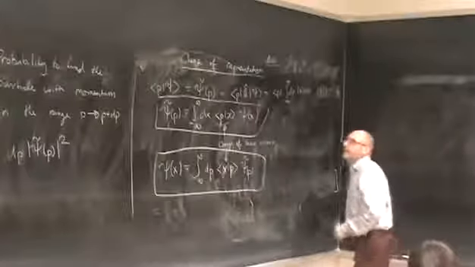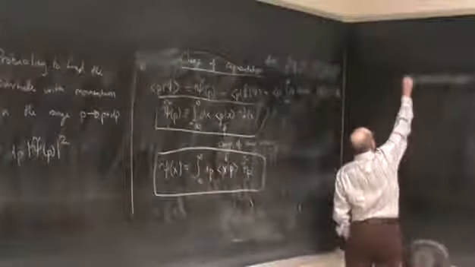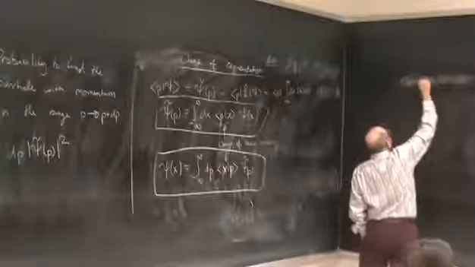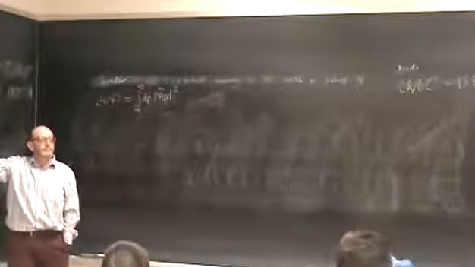To do that, let's consider the norm of the vector, norm squared, which I could write as an integral over the square of the probability amplitude in momentum space. Let's plug that in.